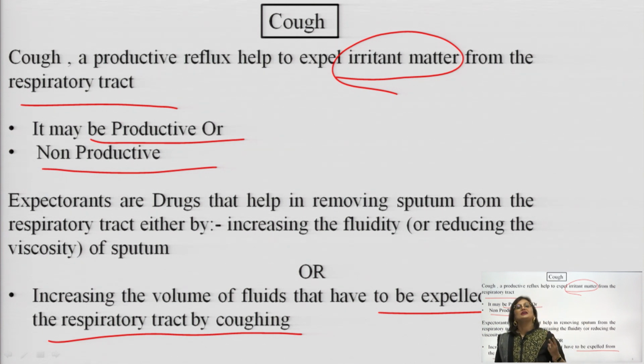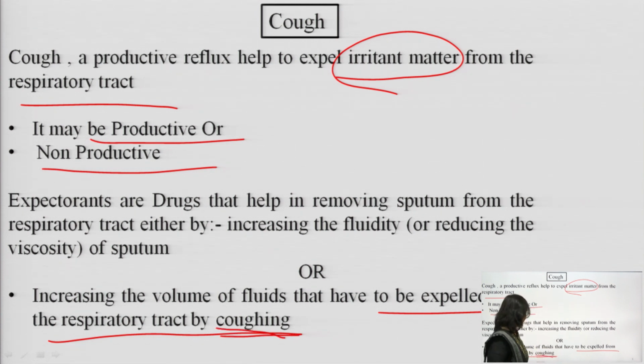It works by two mechanisms. Number one, it either increases the fluidity or decreases the viscosity of the sputum, or it increases the volume of the fluid that has to be expelled out of the respiratory tract by coughing.